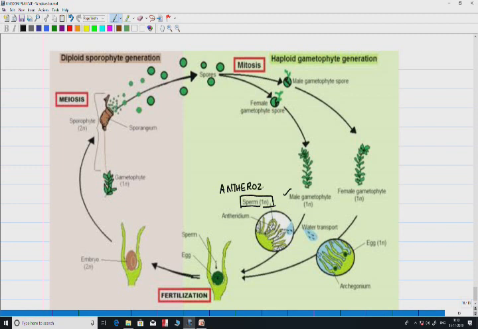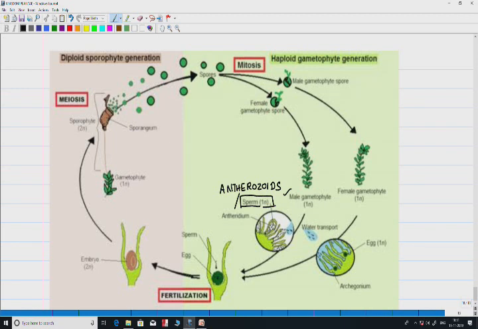Antherozoids or zooids or sperm, same thing. Antherozoids are motile, they have flagella, and they will swim in the water current to reach the archegonium which has the egg cell.